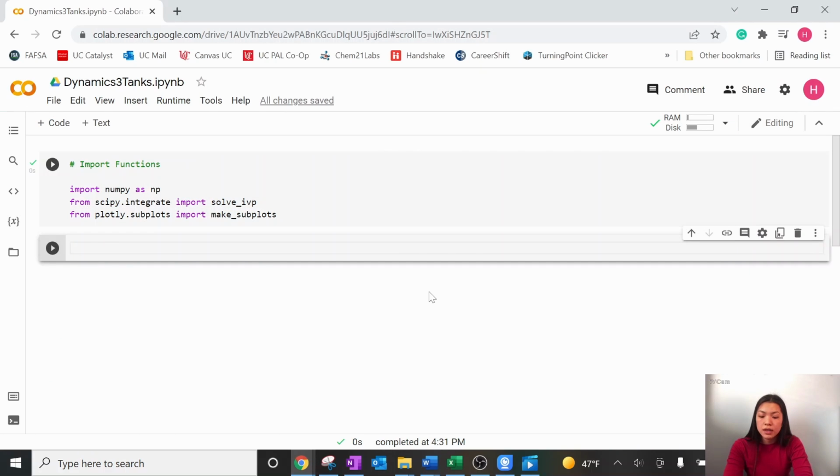We are given the cross-sectional areas of tank 1, tank 2, and tank 3. The cross-sectional area of tank 1 is 0.5, the cross-sectional area of tank 2 is 1, and the cross-sectional area of tank 3 is 2. And that is going to be meters per meter squared.